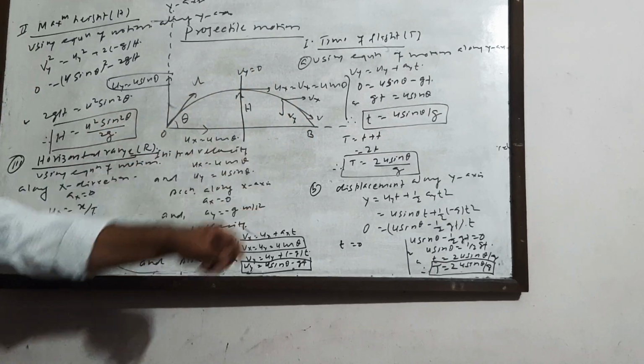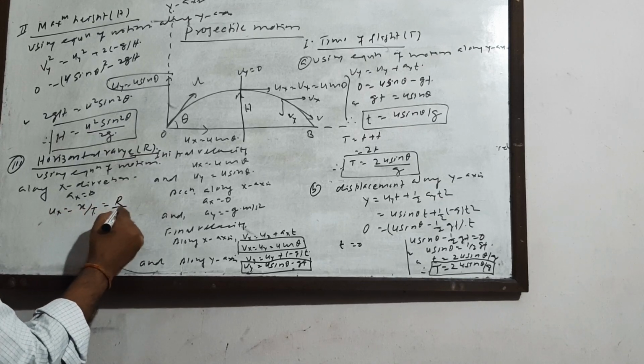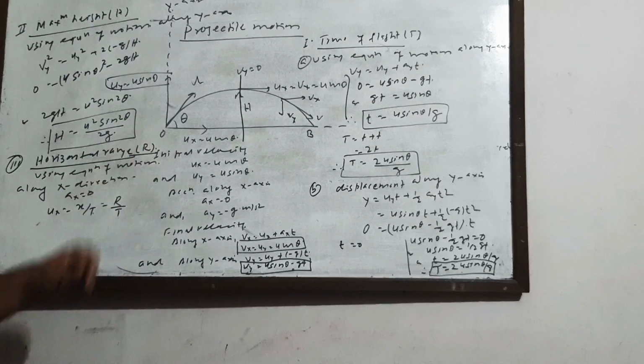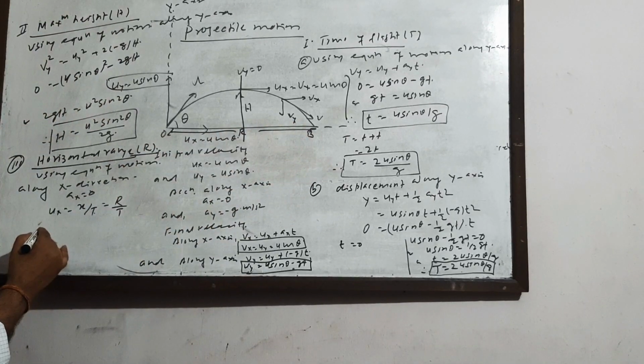X is the horizontal distance, so in general x is represented by capital R, and this capital R is also known as the horizontal range. So range can be calculated.